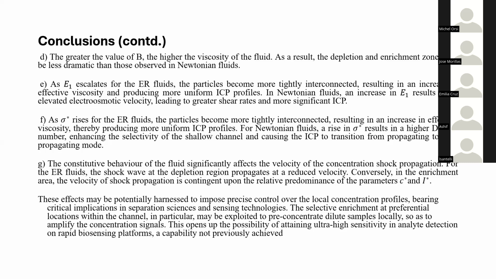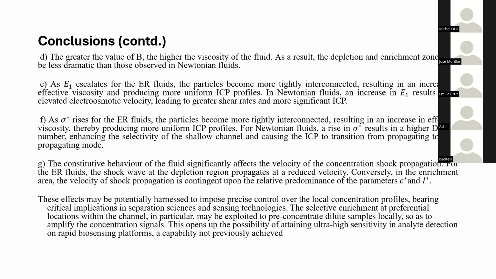The greater the value of B, the higher the viscosity of the fluid. As a result, the depletion and enrichment zones will be less dramatic than those observed in Newtonian fluids. As sigma escalates for ER fluids, the particles become more tightly interconnected, resulting in increased viscosity and producing more uniform ICP profiles.